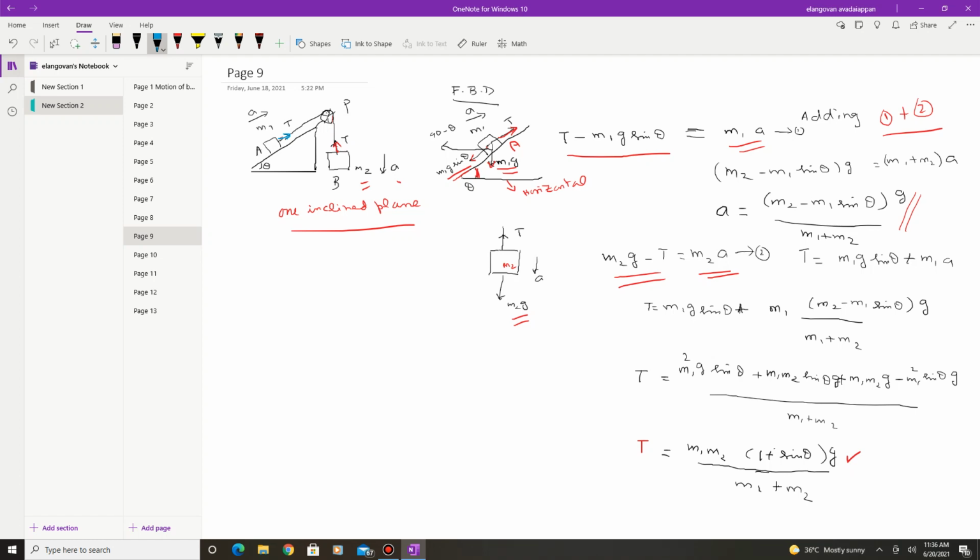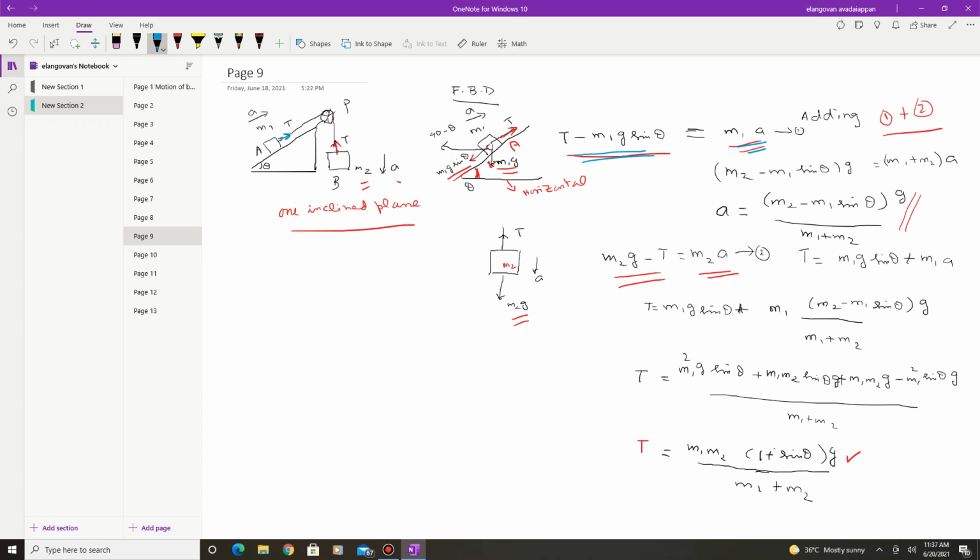Since the block is moving upwards, T must be larger than M1g sin theta. So the difference, T minus M1g sin theta, is equal to M1a. This is equation 1.